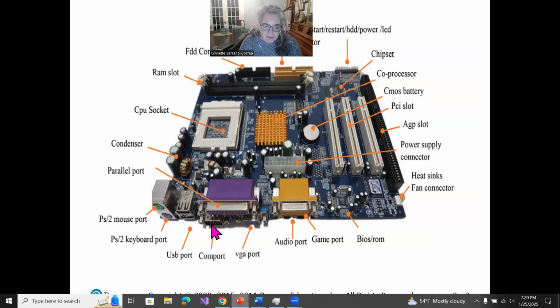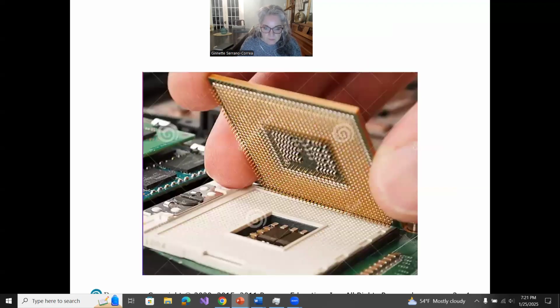But the main point of this video is just to talk about how instructions, when you open up a program, move between, let's say, the CPU and RAM. So we'll talk a lot about the CPU in this particular video.